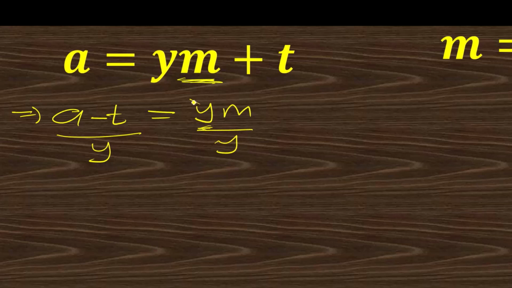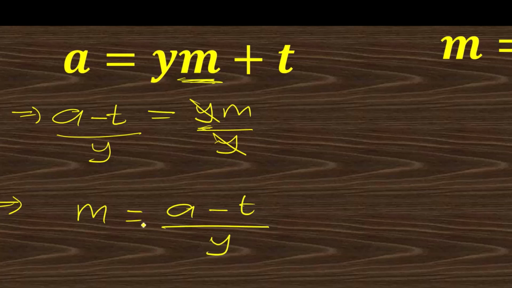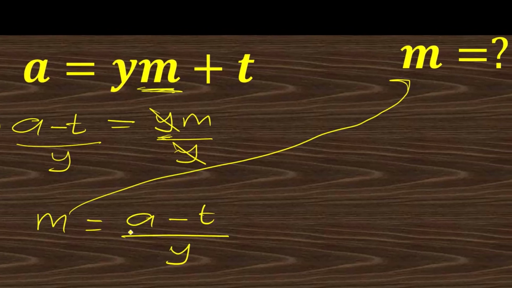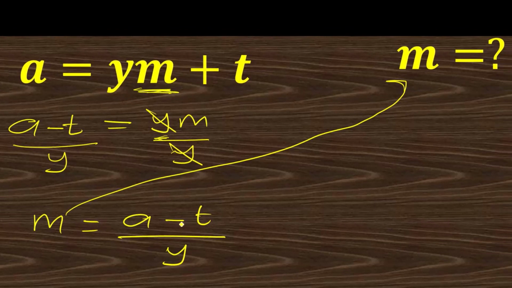So this one will cancel. So we have m equals a minus t over y. So the answer is a minus t over y. Alright, so let's look at the next example.